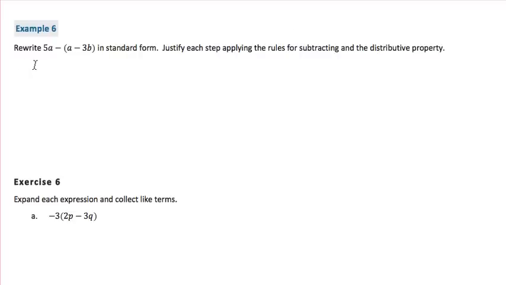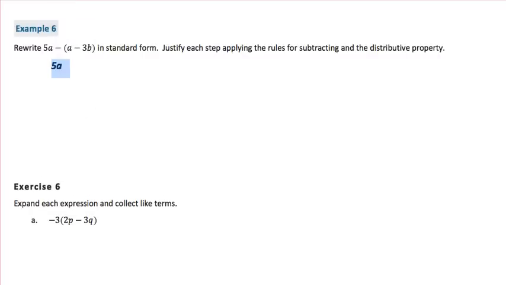So the first thing we want to do is rewrite all the subtraction as addition. We have 5a plus, and now we have to take the opposite of each of the terms inside the parentheses. That's what that minus sign in front of it means.